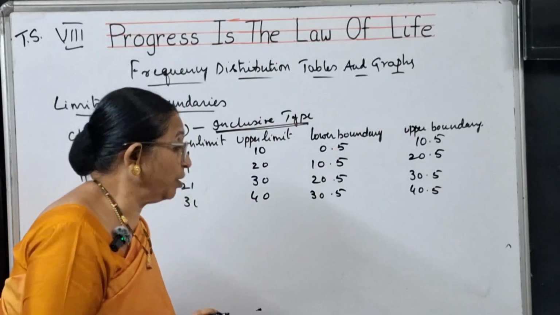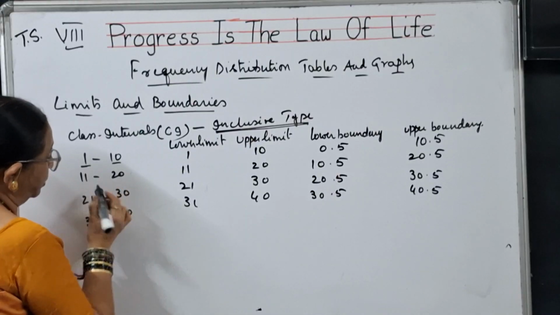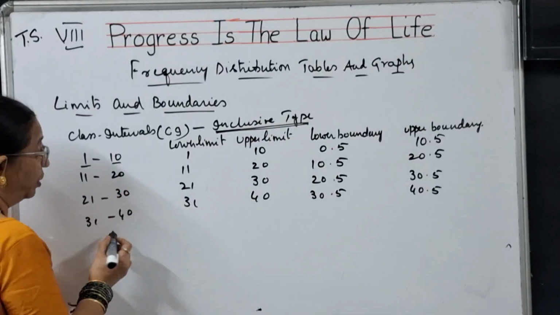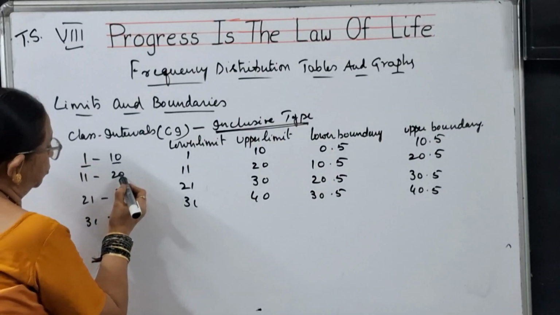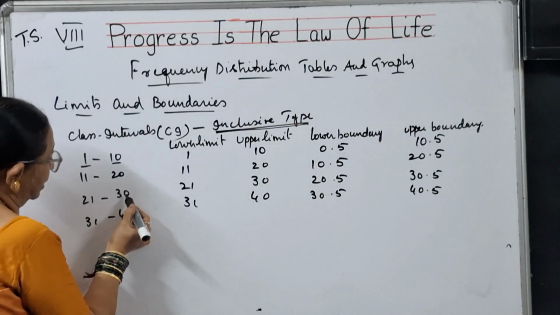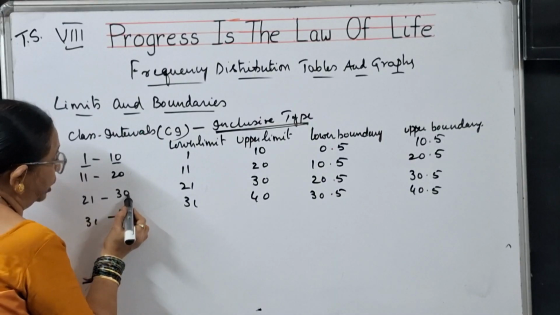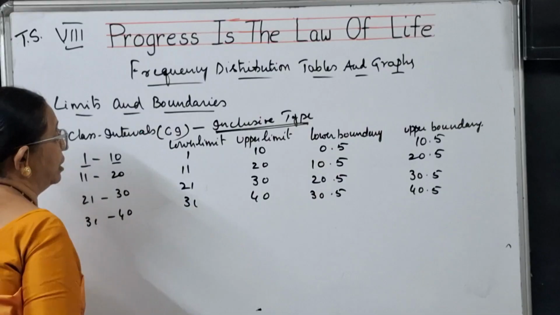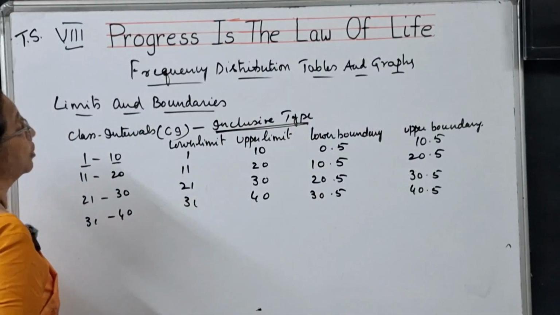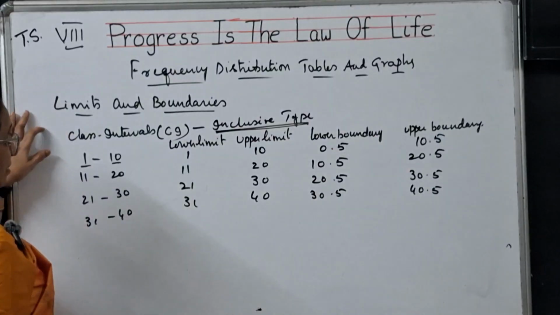But here it is not like that. 10 is here, and in the next group there is no 10. So 10 should be included in this class only, 20 here only, 30 here, 40 here. That means all the values from lower value to higher value are in that class only. So they are called inclusive type of class intervals.